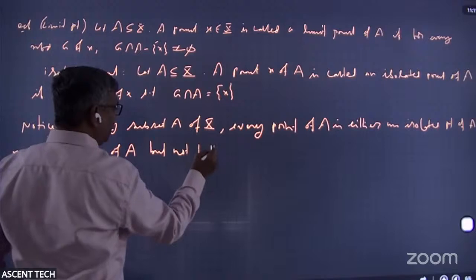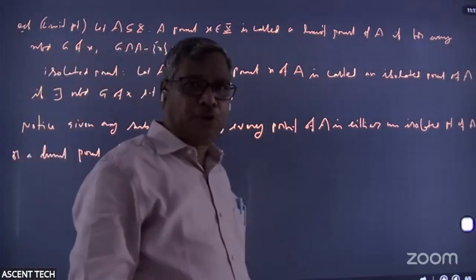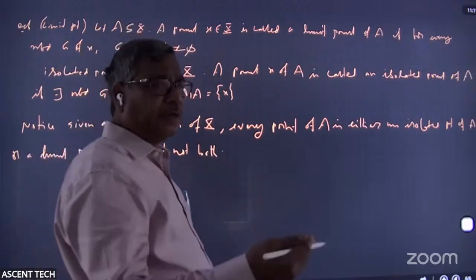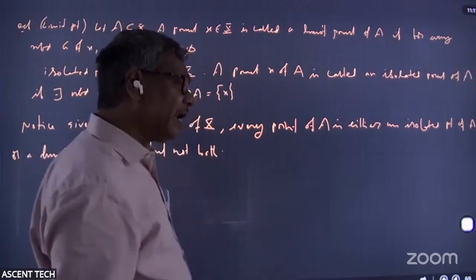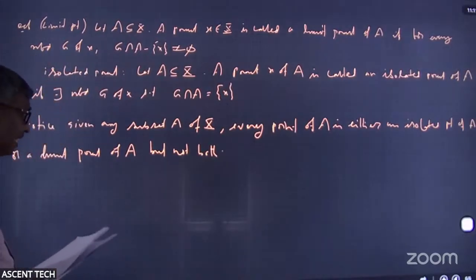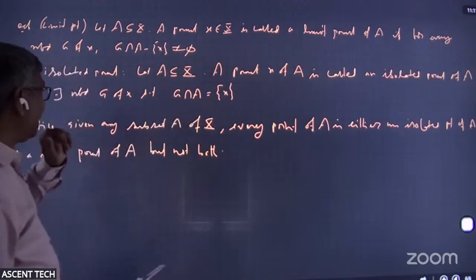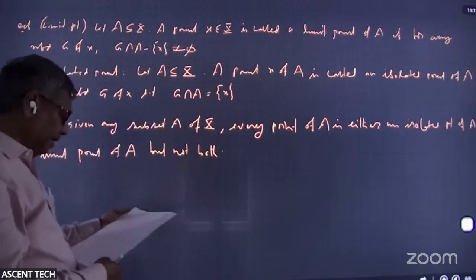Of course, there may be some points outside A which can be limit points too. But as far as isolated points, I'm talking about the points of A only. They are isolated if there is a neighborhood around that point whose intersection with A will be only that element and nothing else.